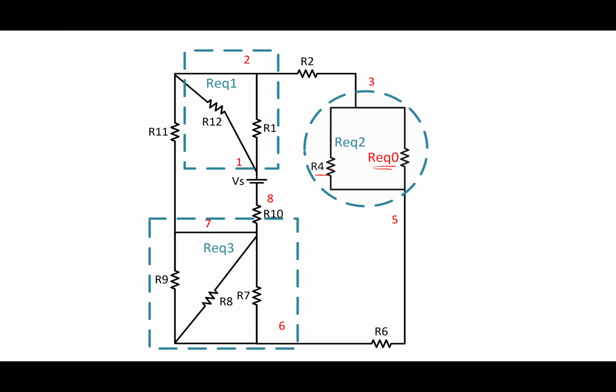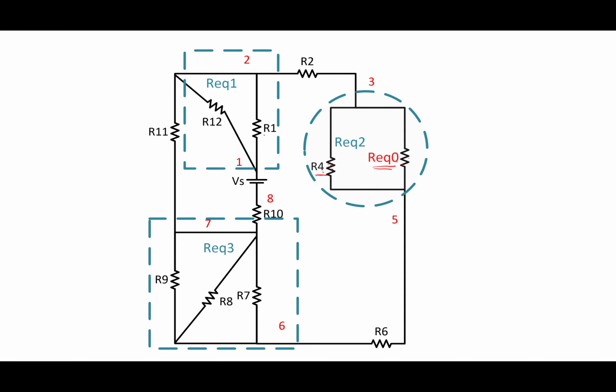So I will replace these two resistors with a single resistor, which is the equivalent resistance, the parallel combination of R4 and R equivalent 0. This is R equivalent 1. As you see, it is R1 in parallel with R12. R equivalent 3 is R7, R8, and R9 in parallel.